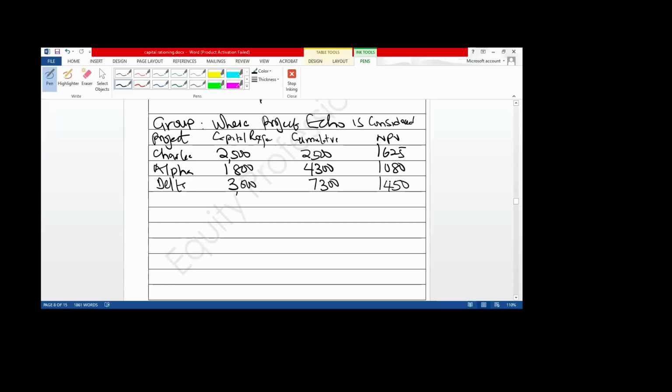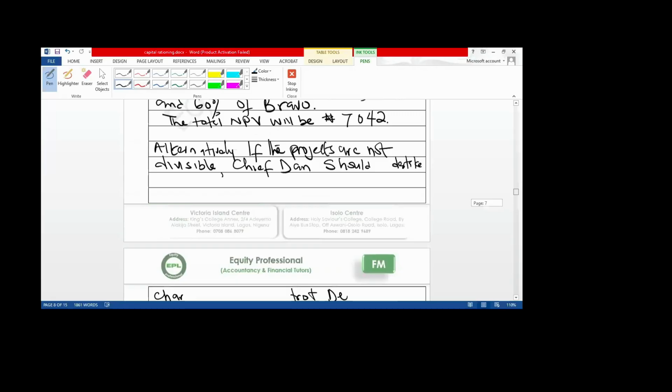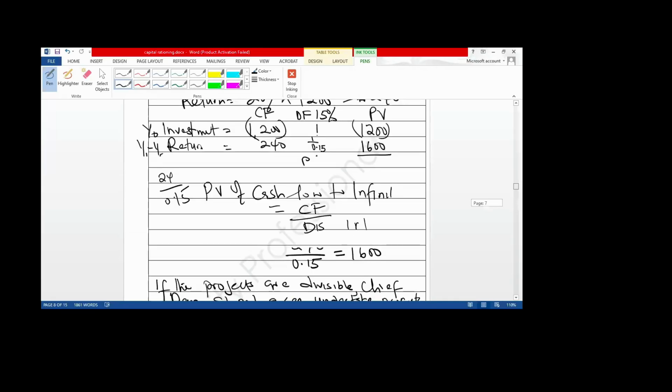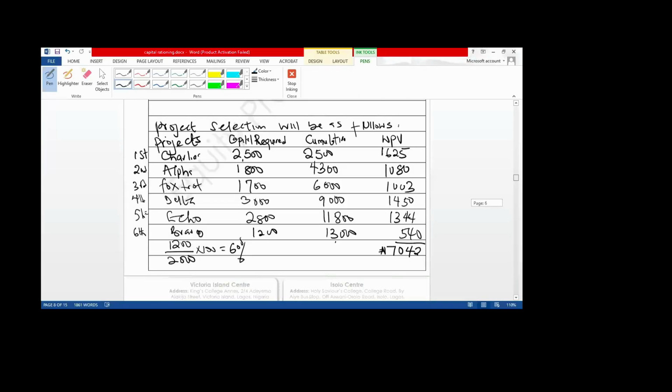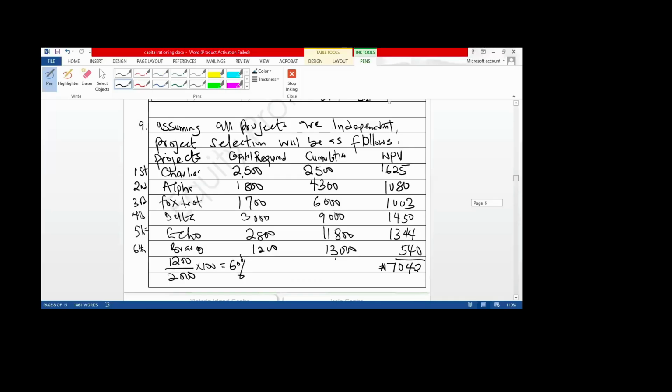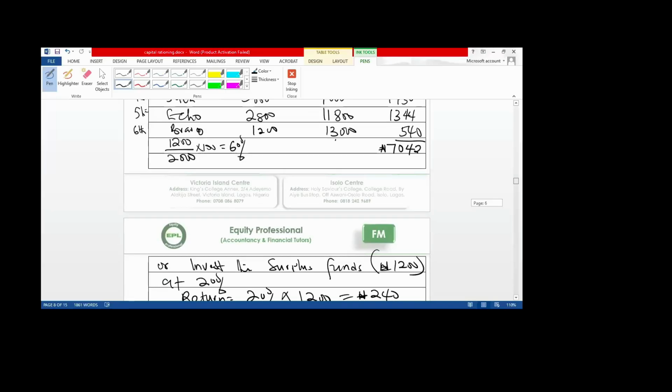They are moved to this E. Project amount is 28. NPV 1344.